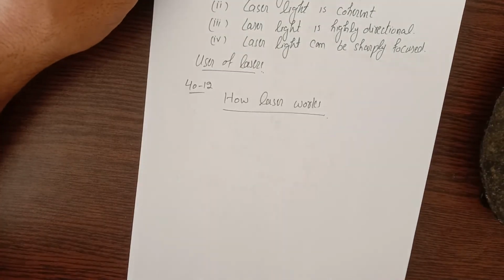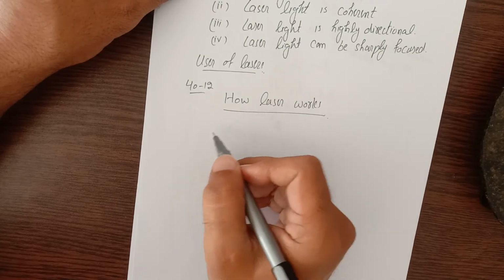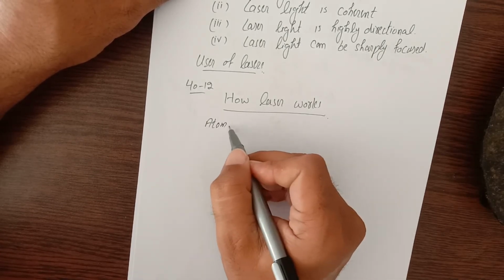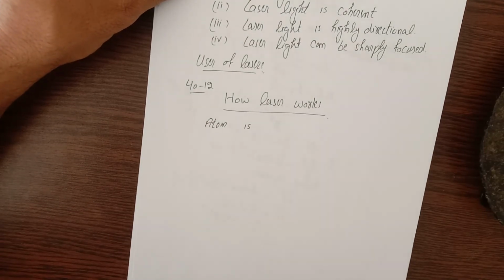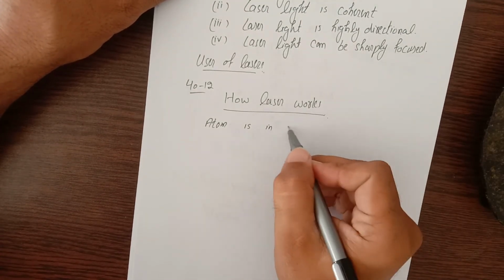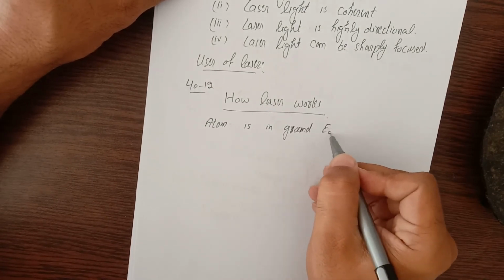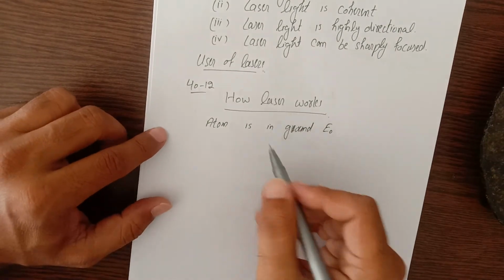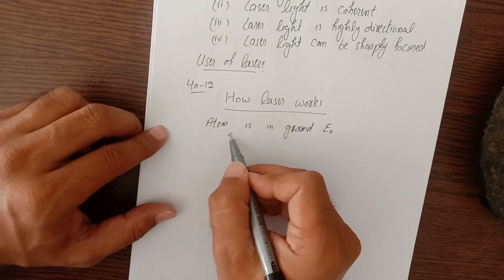To find out how a laser works, we need to consider that an atom is in ground state, which is given by E naught, and it can move to some excited state by absorbing energy.